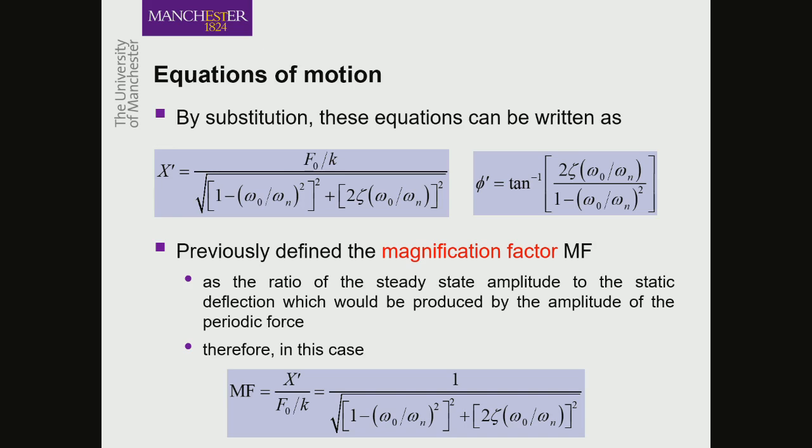And be aware that the definition is the same, but there are different forms of magnification factor. In forced and damped systems, it may be different. In undamped systems, you may again have different graphs for the magnification factor. So make sure that you understand everything about magnification factor.